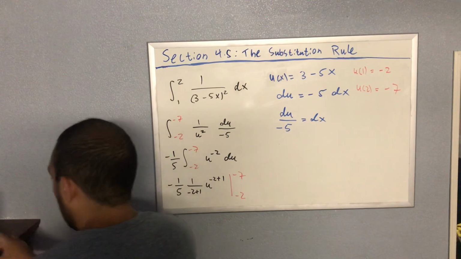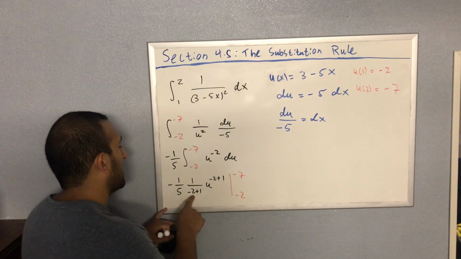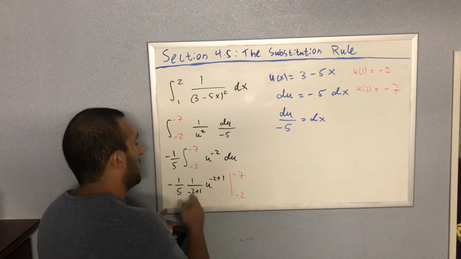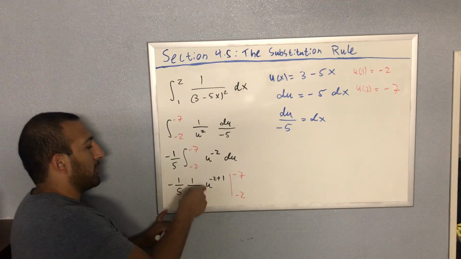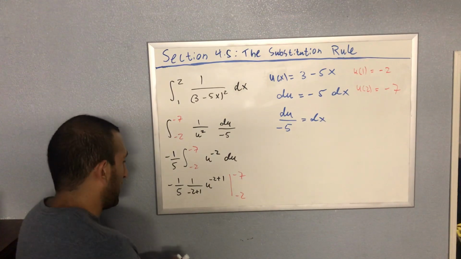And then we can do a little bit of manipulation here. So negative 2 plus 1 is just negative 1, right? So 1 over negative 1 is negative 1. So we have this whole thing is negative 1 times negative 1/5, which just makes this a positive 1/5.